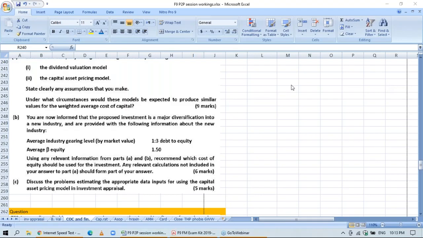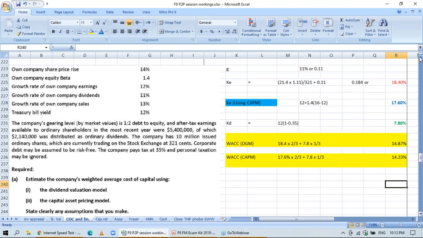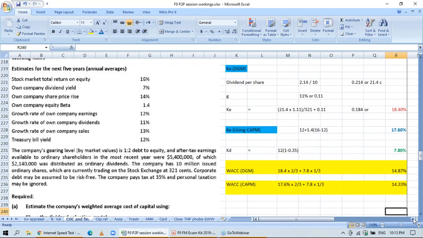Okay, students, let's move ahead. Now let's calculate this part B. So for the part B calculation, first I will use the formula for de-gearing the proxy company's beta. So I'm picking up the same working first, which I did in the card company case.